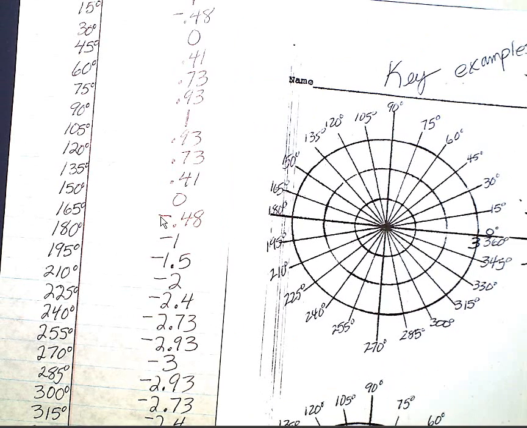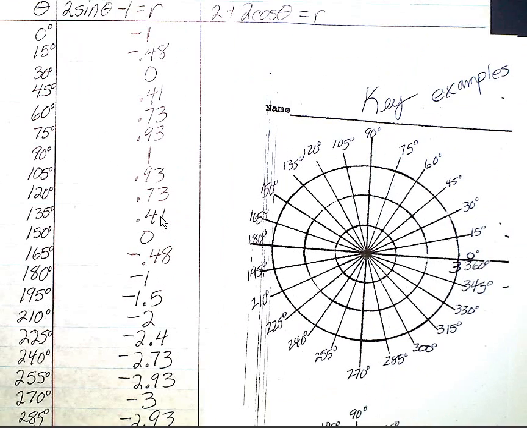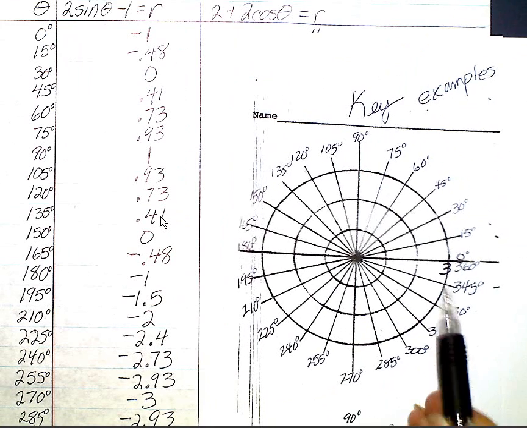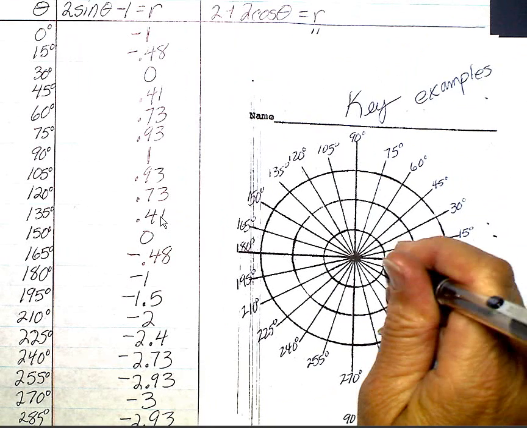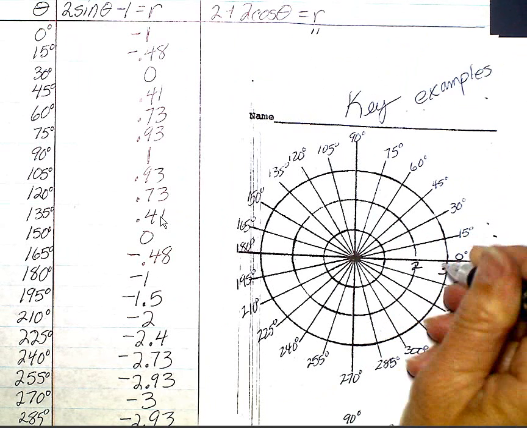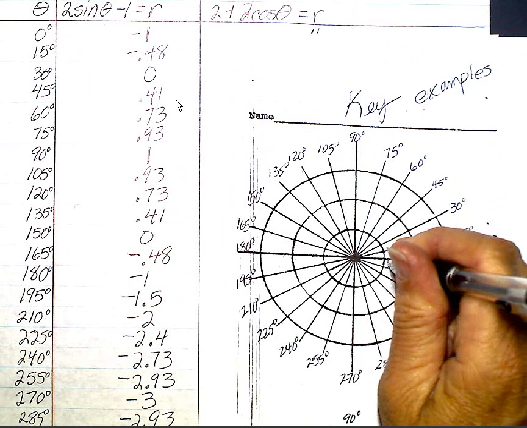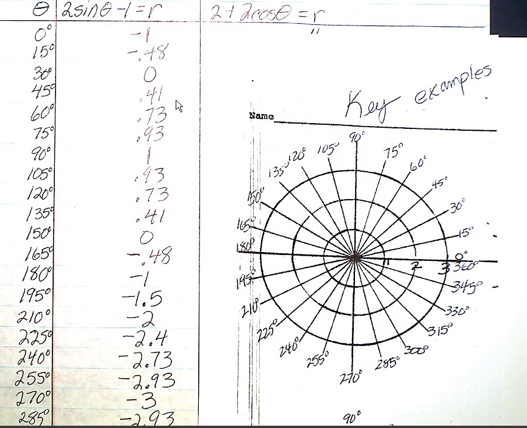Each time the radius will be a different value, but in this case, the largest value was 3. Okay, so if that's 3 and I divide 3 into thirds, can everybody see this inside ring should be 1, the second ring should be 2, and the last ring will be 3. It's really nice when that happens because everything's nice and even, easily divisible by 3. That happens in this table, but not all of them.